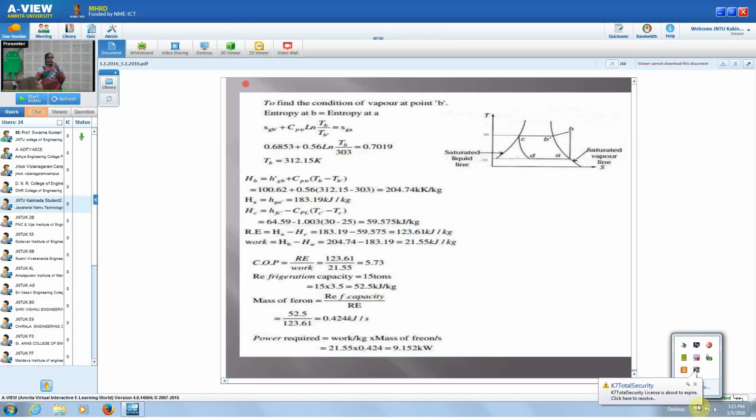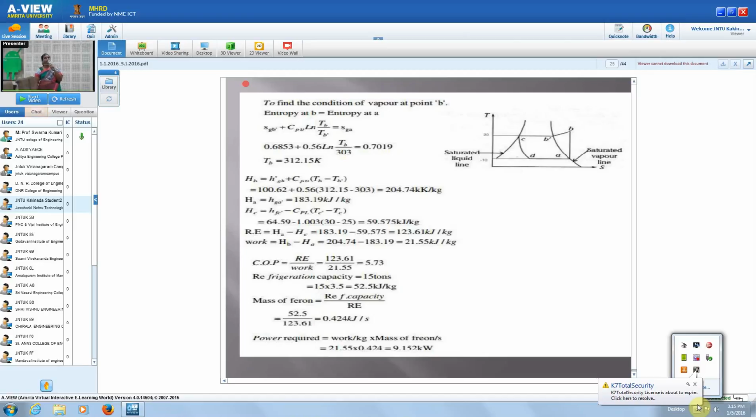The saturation temperature is already given as 30 degrees centigrade, so convert that to Kelvin. With that you find out the superheating temperature at the discharge of the compressor. So that is 312.15 Kelvin.